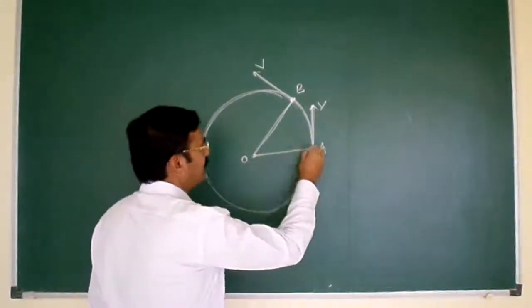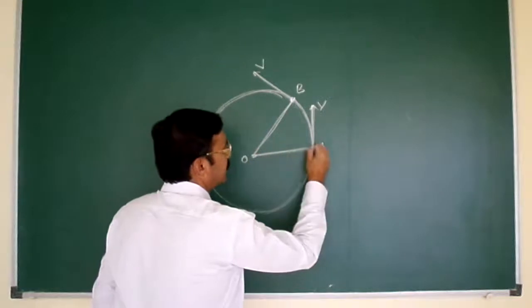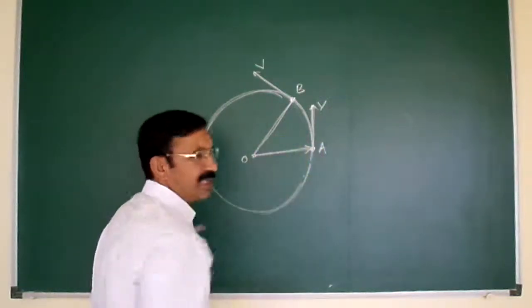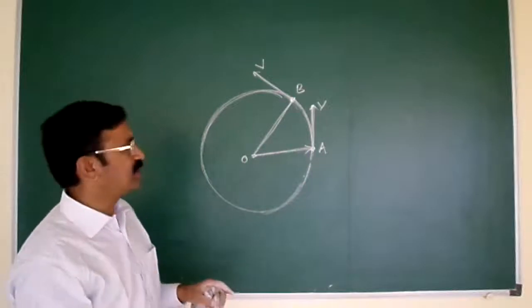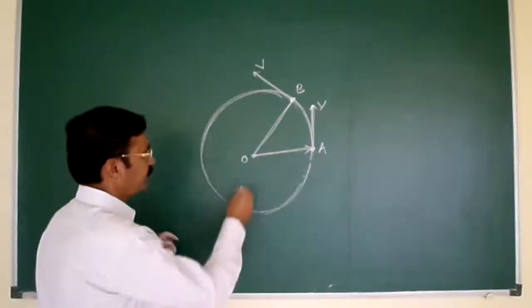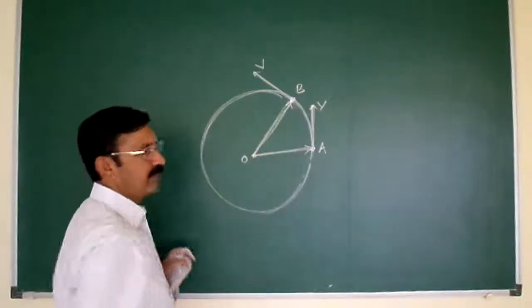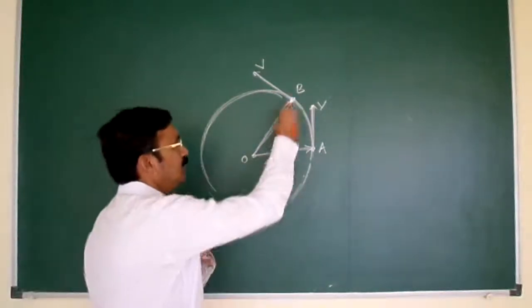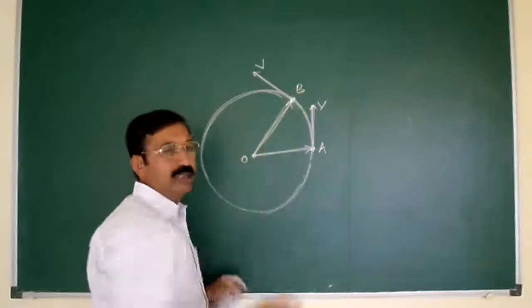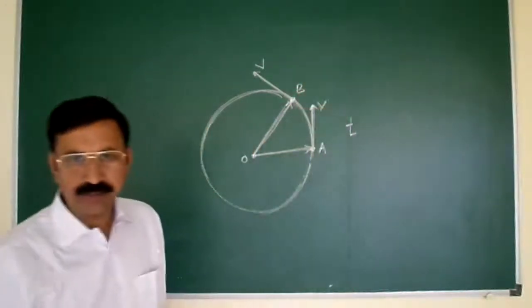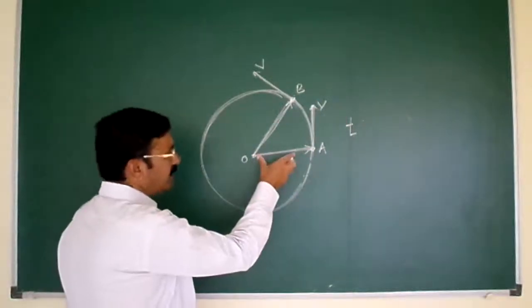Here we see that the radius vector OA represents the initial position of the particle on the circumference of the circle. Vector OB represents the position of the particle after the small time duration t.